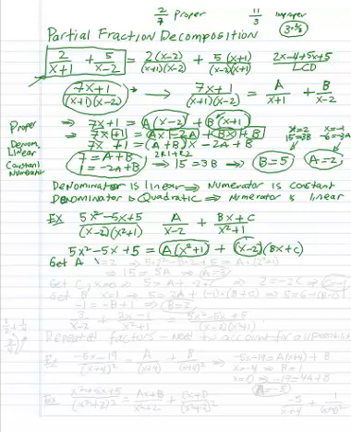So substituting x equal 2 into that equation will give us 5 times 2 squared minus 5 times 2 plus 5 is equal to a times 2 squared plus 1 plus 0, because the 0 times bx plus c goes away.